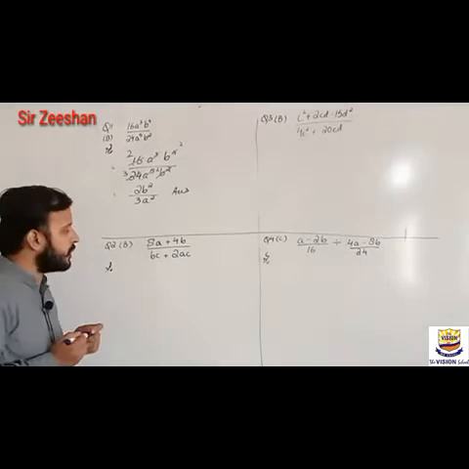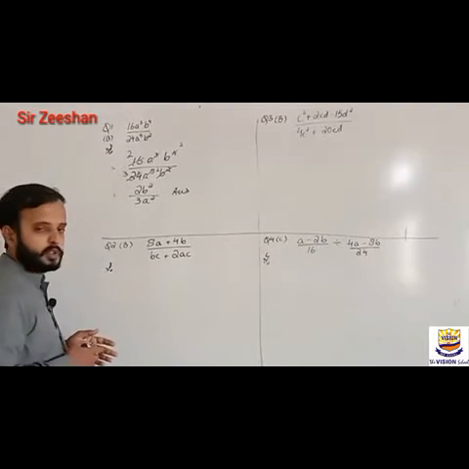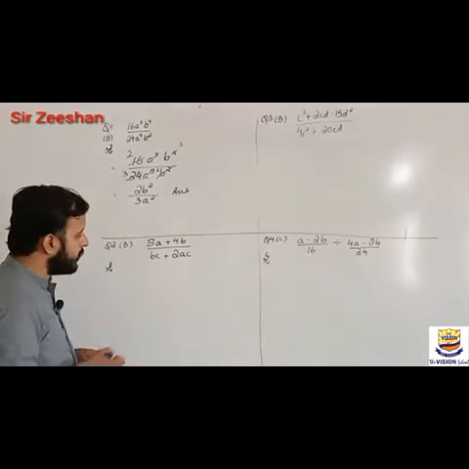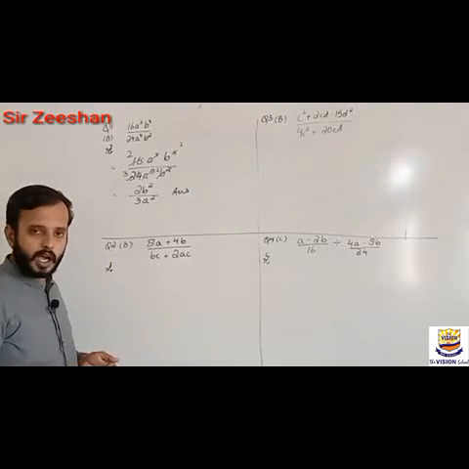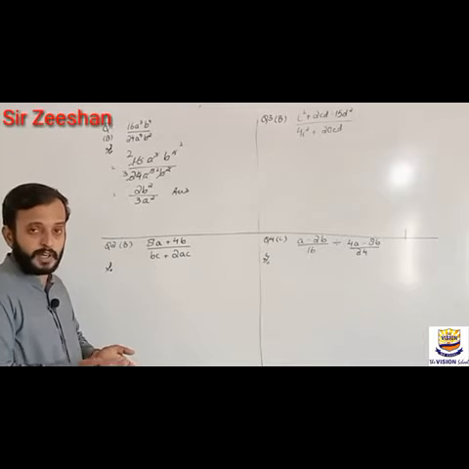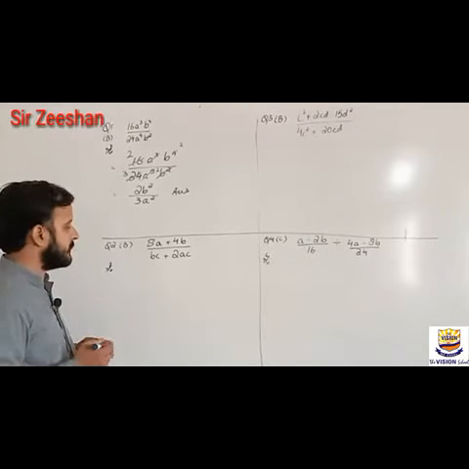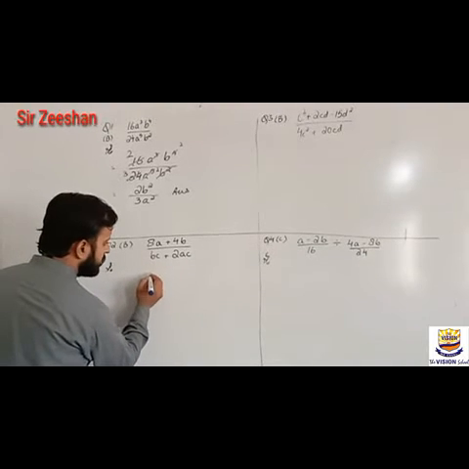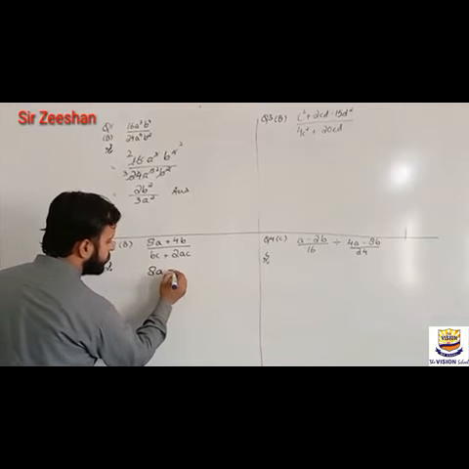Let's check whether we can apply any formula. It's not possible. So how we are supposed to solve it is to resolve them into factors. First of all, find their factors and then cancel them. So let's start. Write the question first of all.